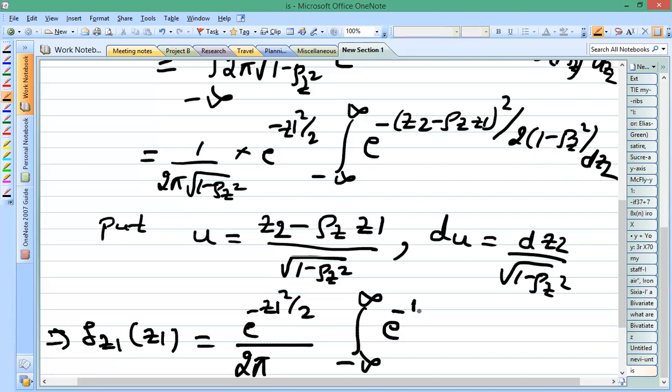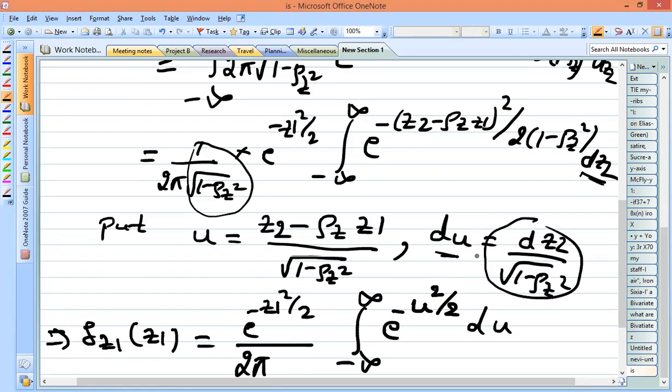Now you can see that dz2 divided by square root of 1 minus rho z square, this entire thing can be replaced as du. So the simplification has become easier.